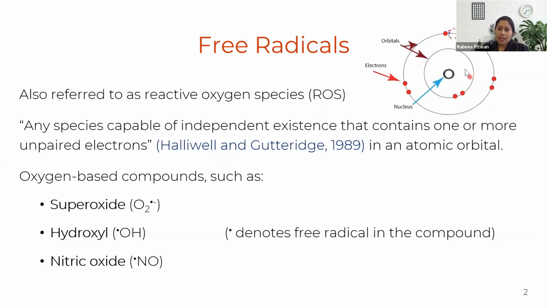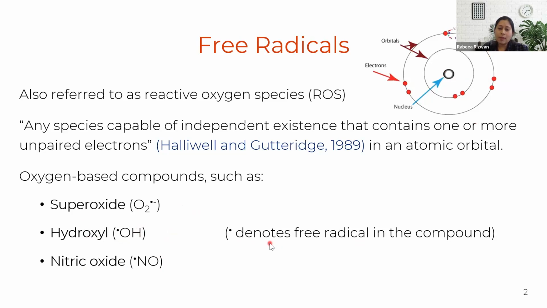Examples from our daily life, to which our body is exposed internally or externally, are superoxide, hydroxyl, and nitric oxide. They all carry a negative ion, and have one or more free electrons in their atomic orbit. That's why they are called free radicals and reactive oxygen species.